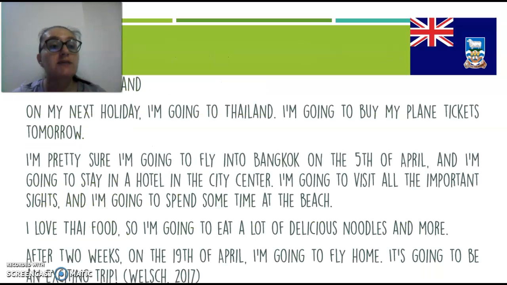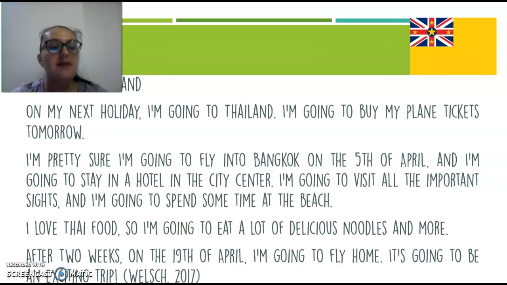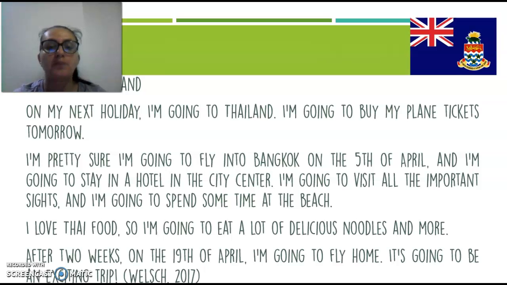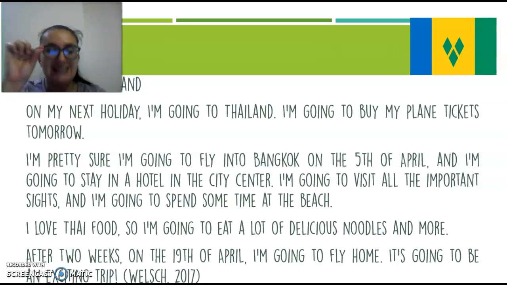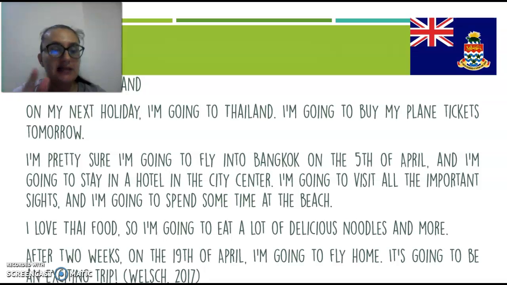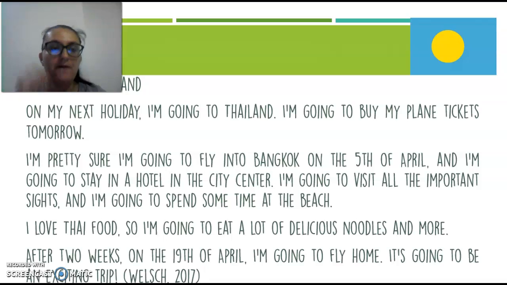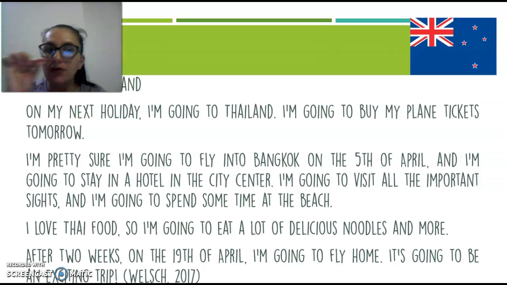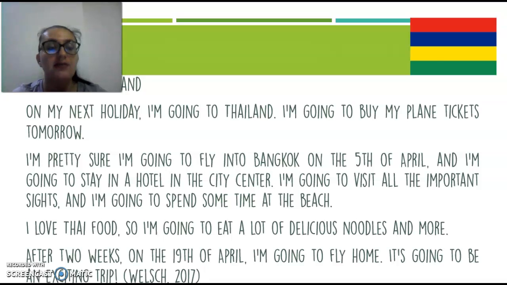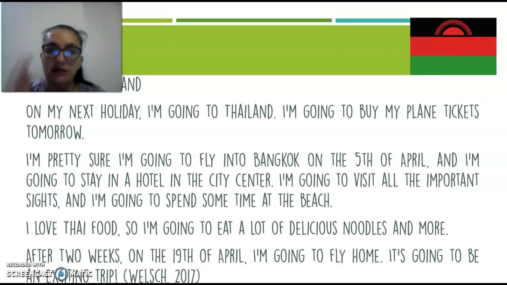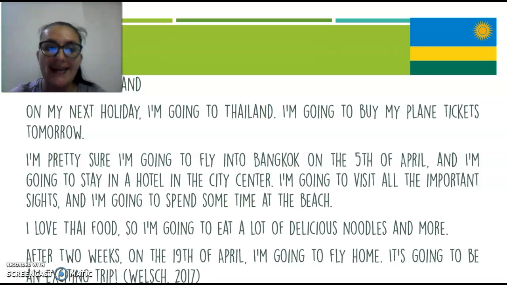Okay, now, activity number 2. In activity number 2, you have a short text about the holidays in Thailand. What is the activity? You need to read and underline the sentences where you can see going to. Then you need to write me these sentences that you found in the text, in negative.